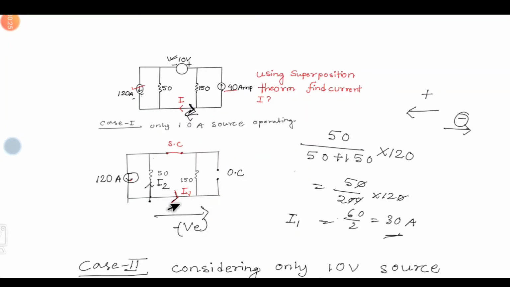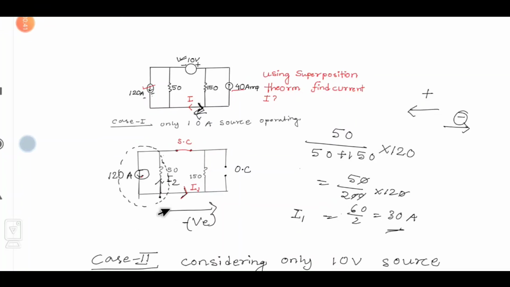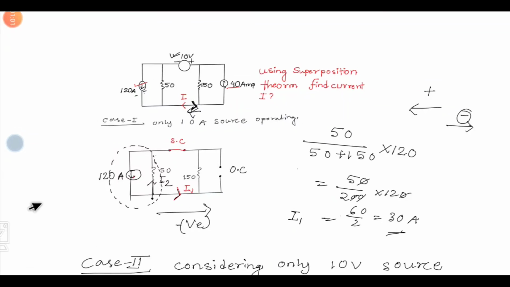Now one thing that I forgot to tell you: you can convert this current source into a voltage source, and then you can also find the responses. So V equals IR, and I is 120 and R is 50.